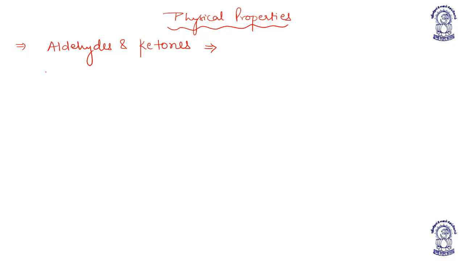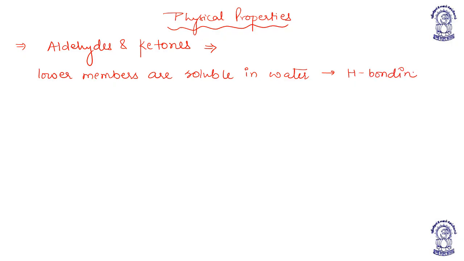What you have to remember is that lower members are miscible with water, meaning they are soluble in water, as they show a tendency to make hydrogen bonding. But as we increase the number of carbons, the hydrophobic nature increases, and the tendency to make hydrogen bonding decreases. Okay?